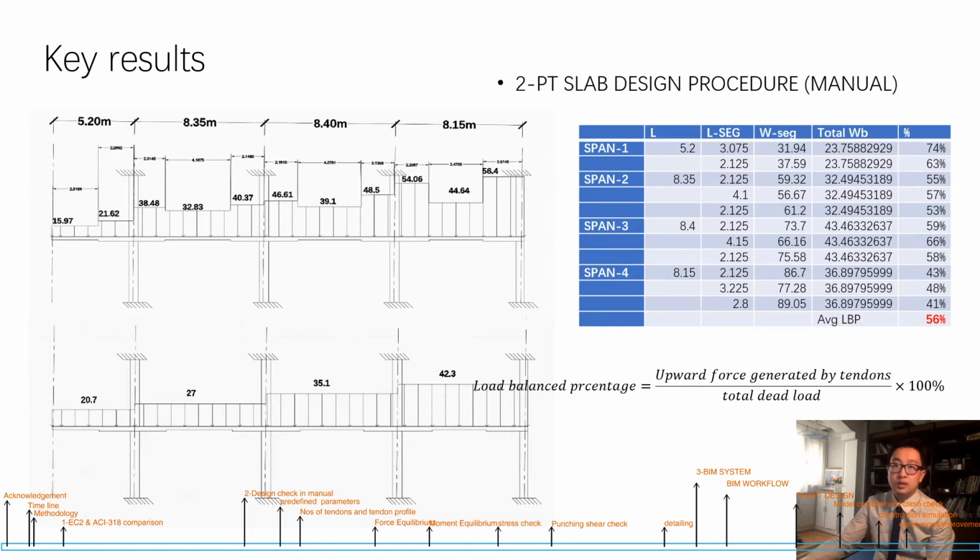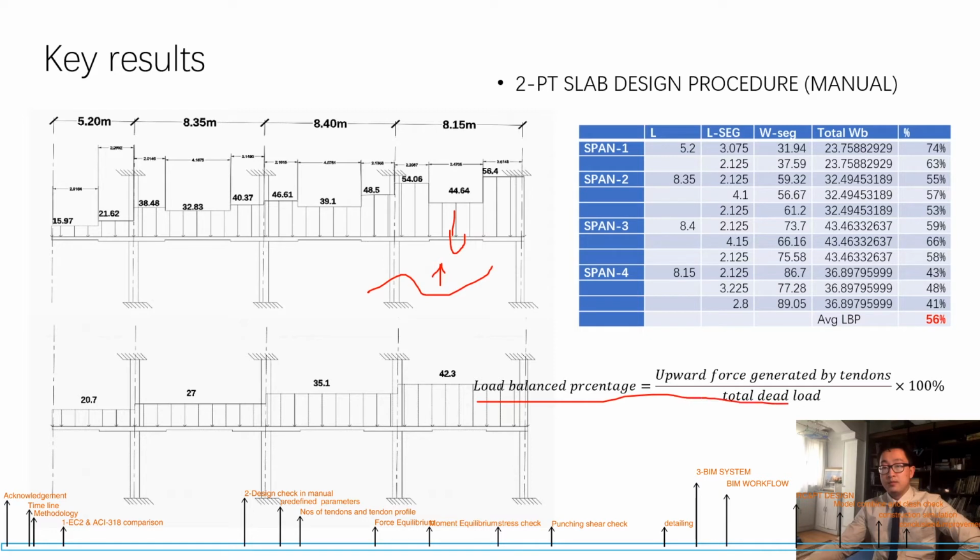Okay, so for the last step, we already know the upward UDL. This upward UDL will cancel a certain amount of the downward dead load UDL. So this is how the pre-stressing works in the post-tension slab. By this step, we can get the load balancing percentage in each span or segment of the design.